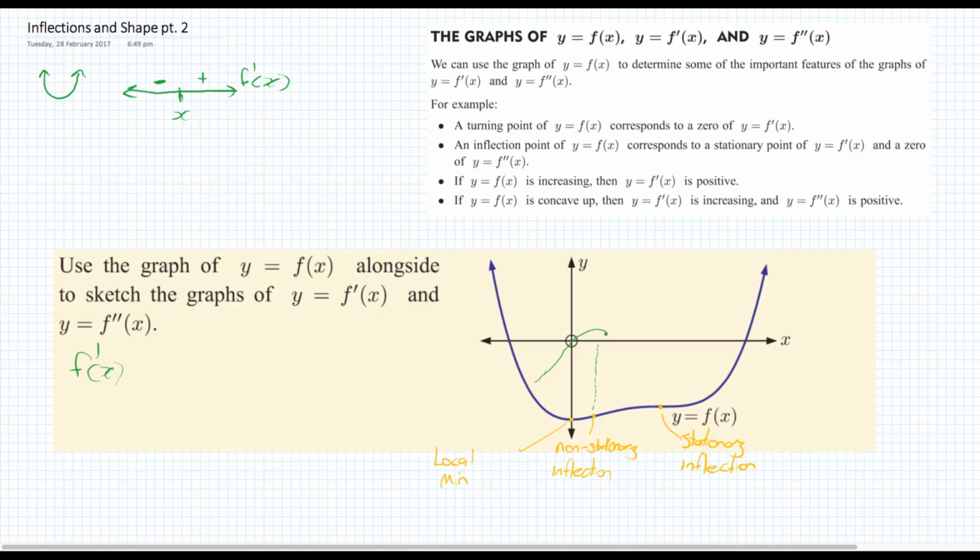So it's not changing from negative to positive for our slopes here, but what we've got is when it gets to this point here, it's going to touch the x-axis and then increase again. And that's what our first derivative is going to look like.